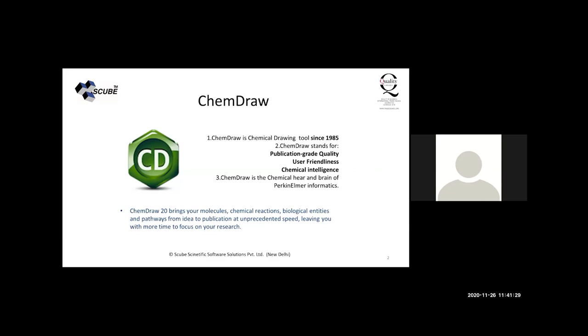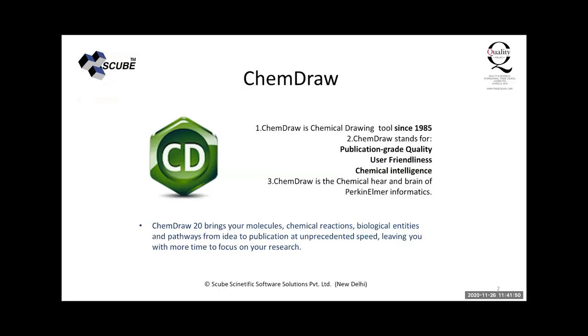Like JMatChem is there, JNatural product is there, RCS is there. So likewise. What I'm going to show you is the hotkeys, how you can draw the molecule with the help of your keyboards, right? That we will show you.